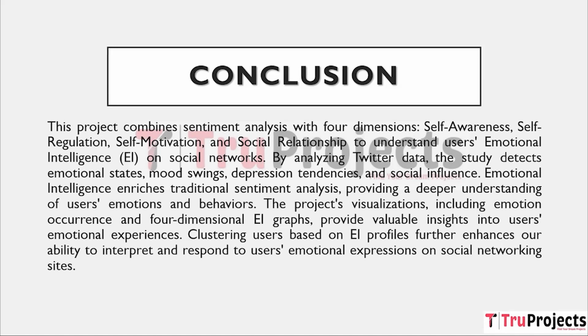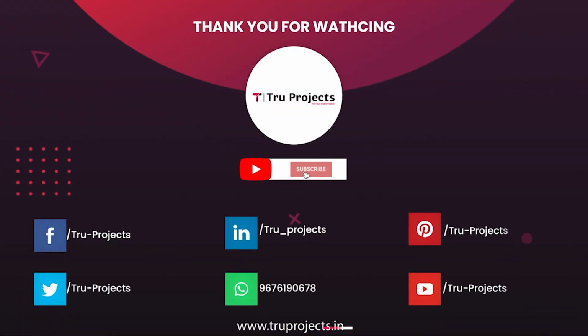The visualizations in the project, such as emotion occurrence and 4-dimensional EI graph, provide useful insights into the user's emotional experience. Clustering people based on EI profiles improves our ability to comprehend and respond to emotions expressed by users on social networking sites.